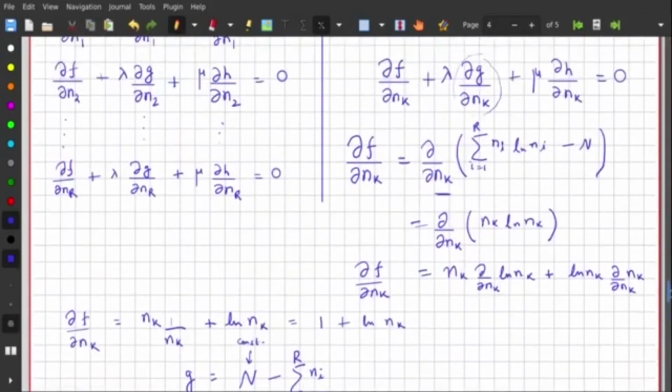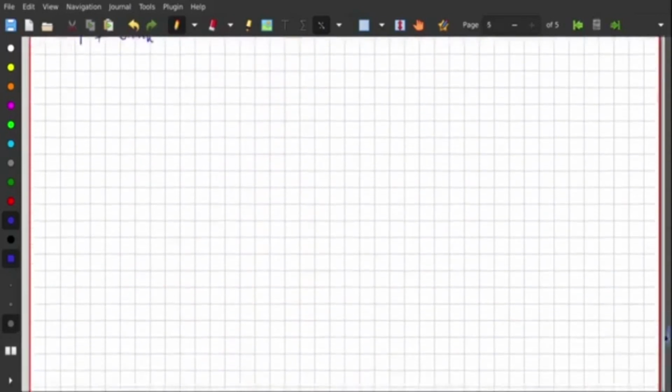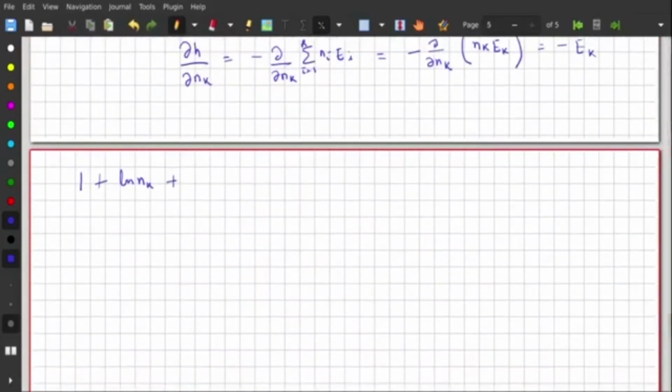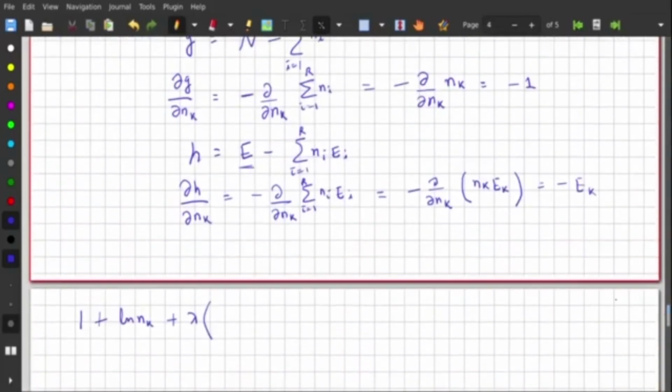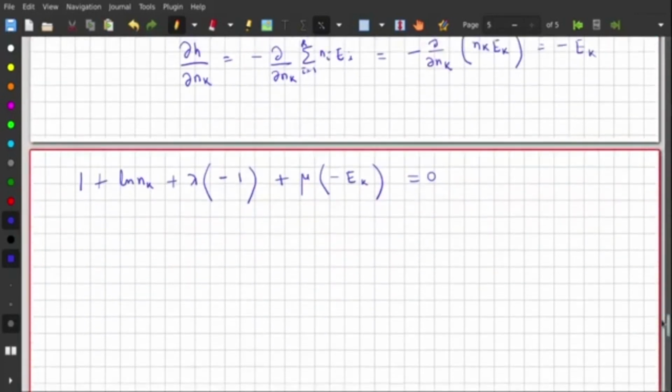That's the first term, partial f partial n_k, plus lambda times partial g partial n_k, which was minus 1, plus mu times partial h partial n_k, which is minus e_k, and that is equal to 0. Okay, that is the general expression that we found.